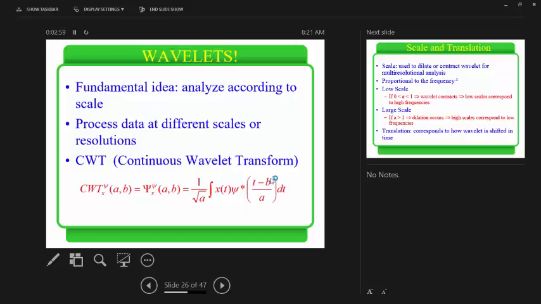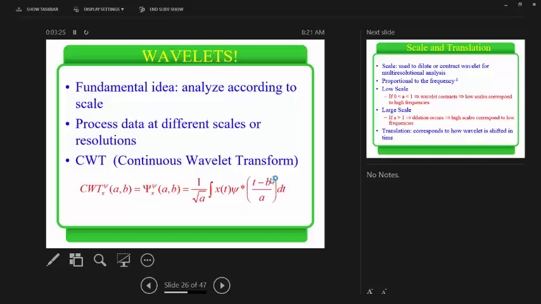For the Fourier transform, the resulting wave that comes from the transform is a function in frequency. But here, it is a function in two other things: A here is called the scale, and B here is called the translation.